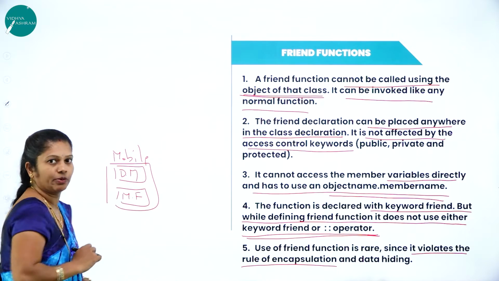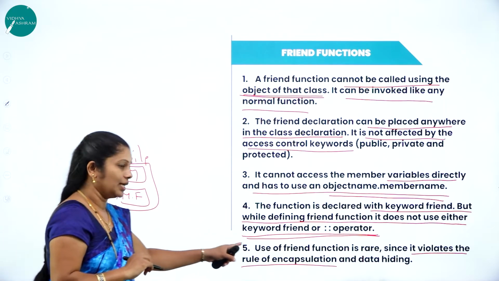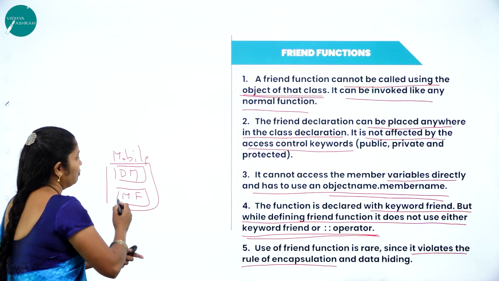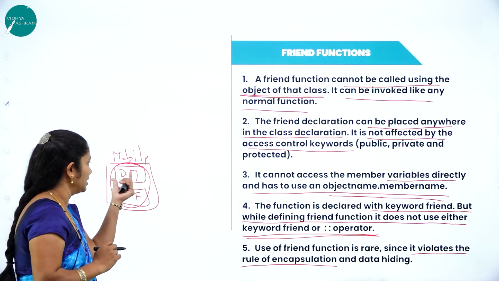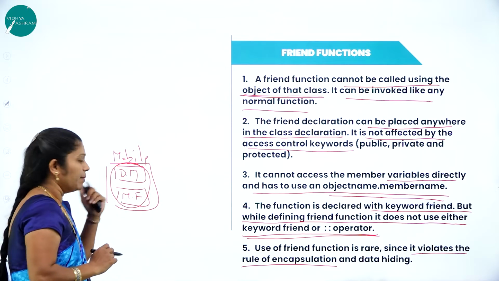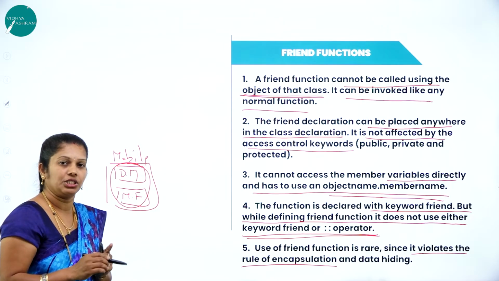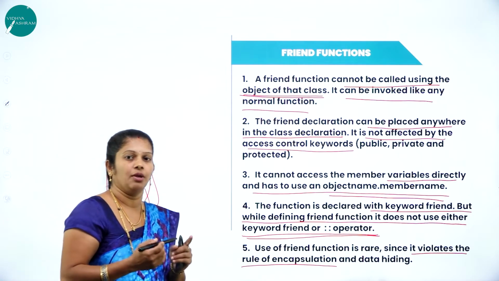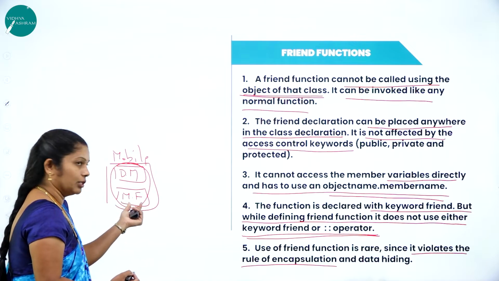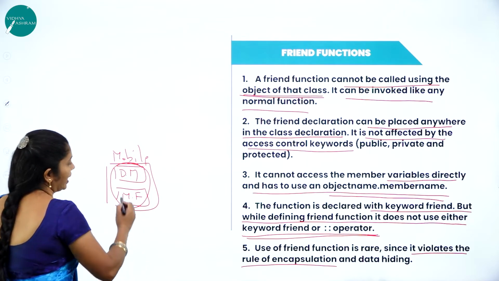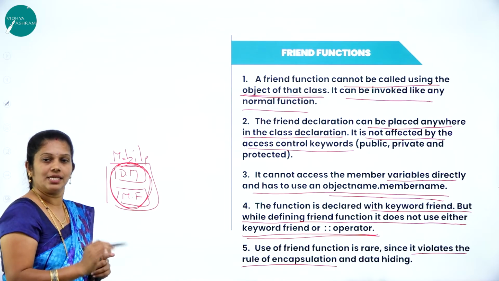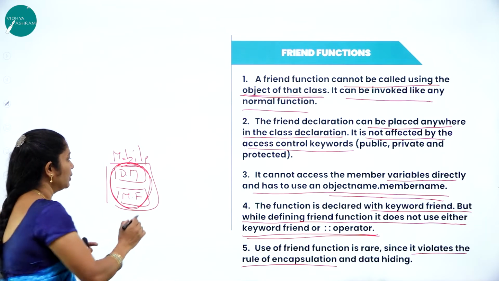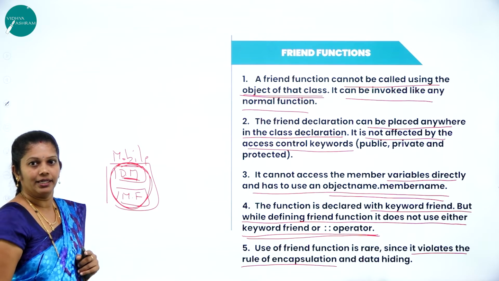Usually the encapsulation will combine these data members as well as member functions. For example, data members are nothing but contacts. Member functions are nothing but a set of operations like WhatsApp, Bluetooth, incoming call, outgoing call. That can be called as functions. Whereas data encapsulation will combine this data and function into a single unit.